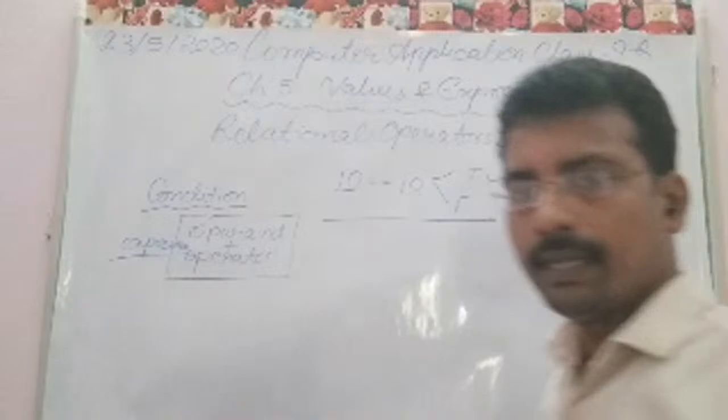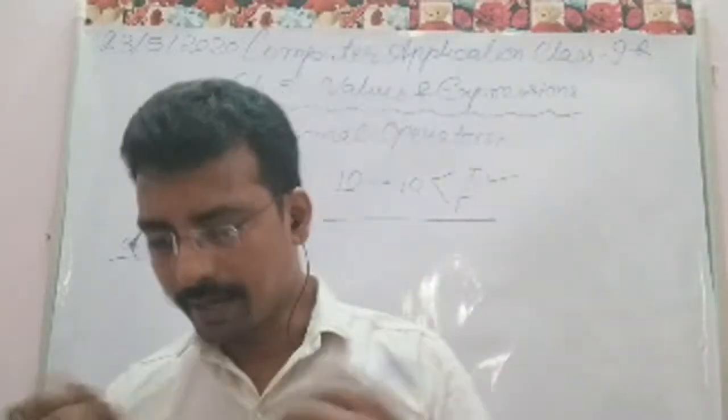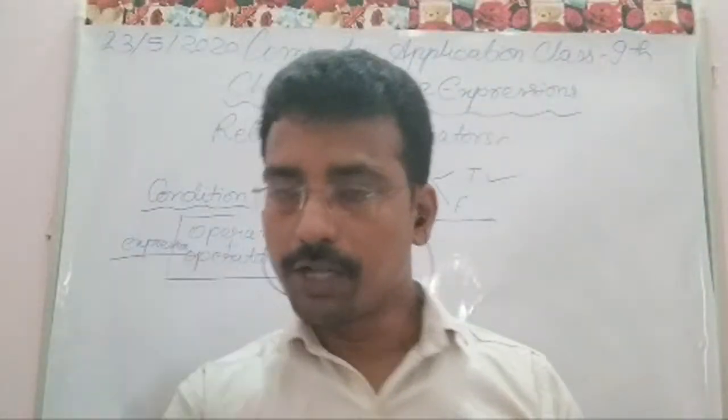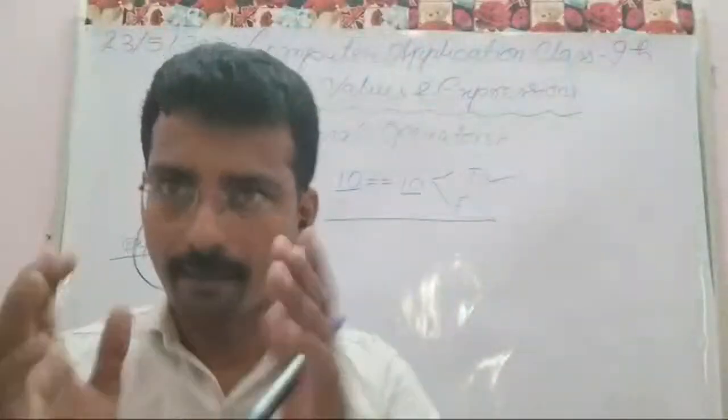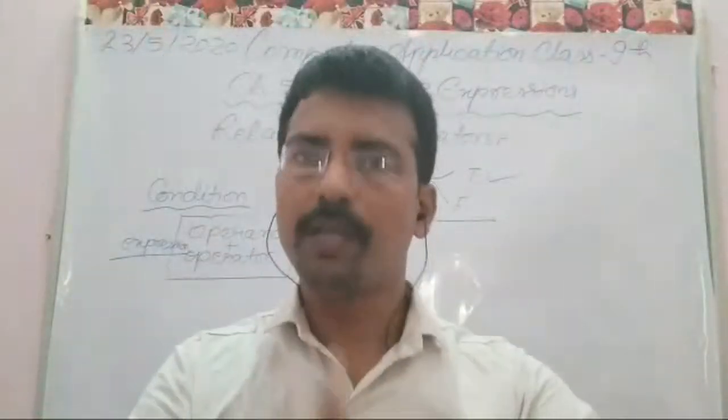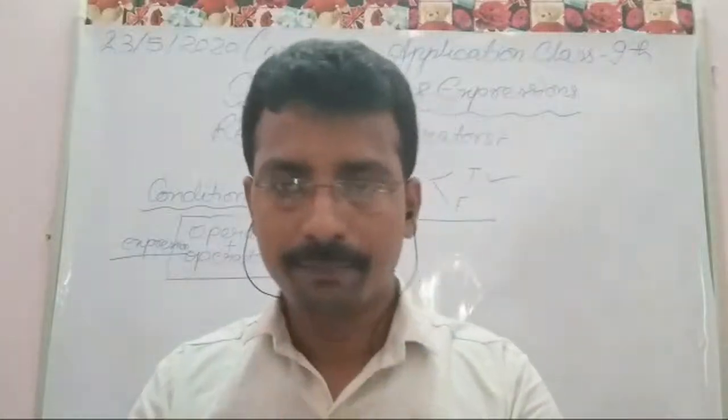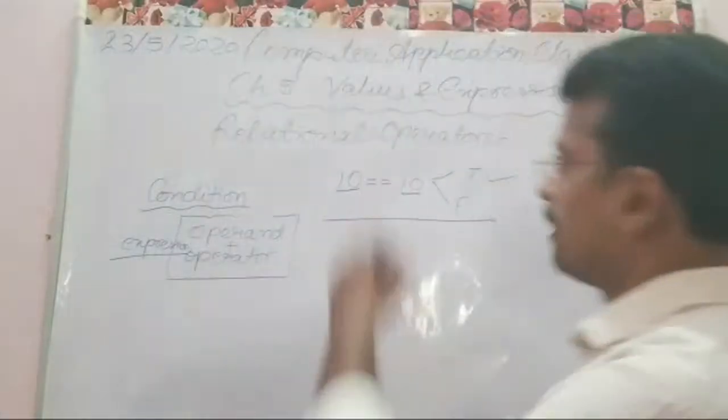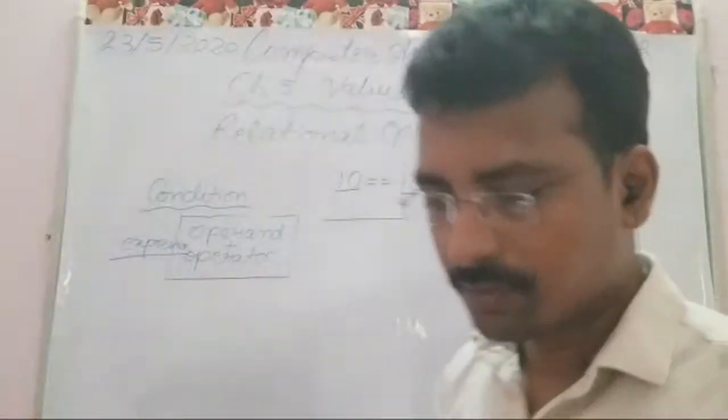Clear? Okay, so you can explain this in front of others, and write it in the examination as a comparison task, a comparison between operands. This way we have so many relational operators. One by one we will see all of them.